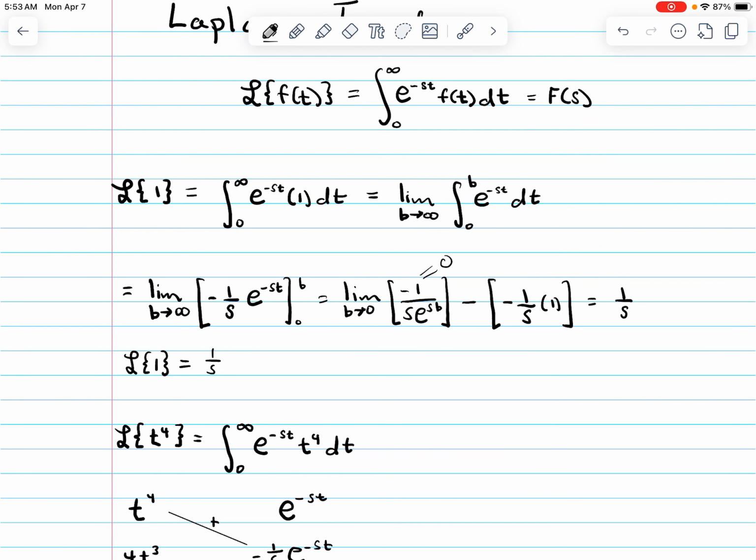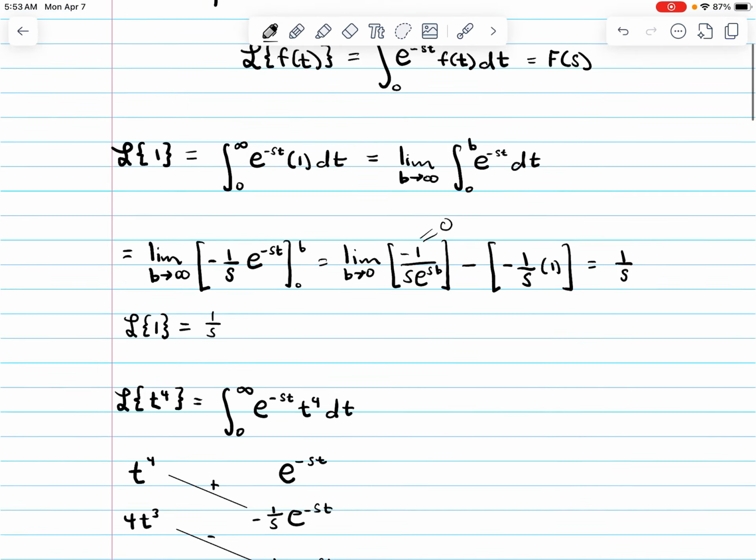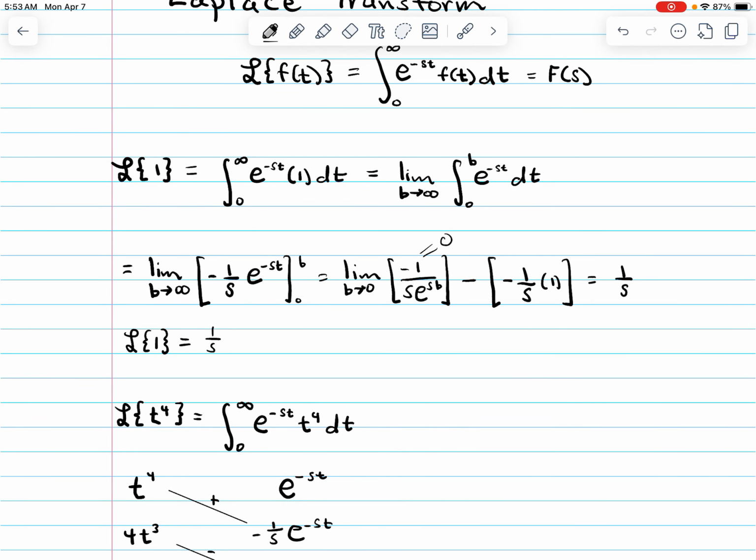And now I want to look at a couple more just to show you how the game is played. Let's suppose we want to find the Laplace transform of t to the 4th. So I plug in and I've got this integral to evaluate. Finding this transform is just a matter of using your integral chops.